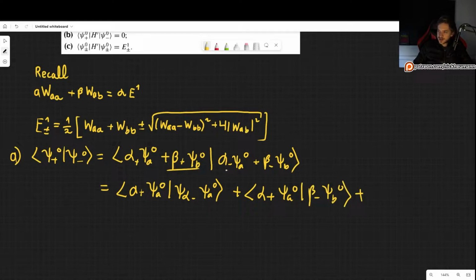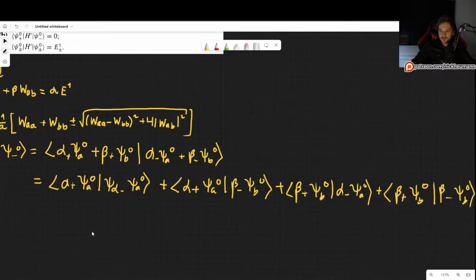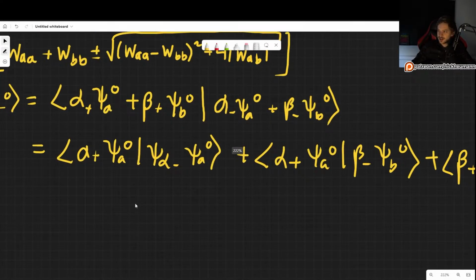Then we got this and this, which gives us, let's see, beta plus psi B 0, alpha minus psi A 0. And then we have one final term, which is with the two betas. So beta plus psi B 0 and beta minus psi B 0. Okay, so now, wait, I just realized that I wrote psi, wait, what is this? This is of course simply alpha minus.